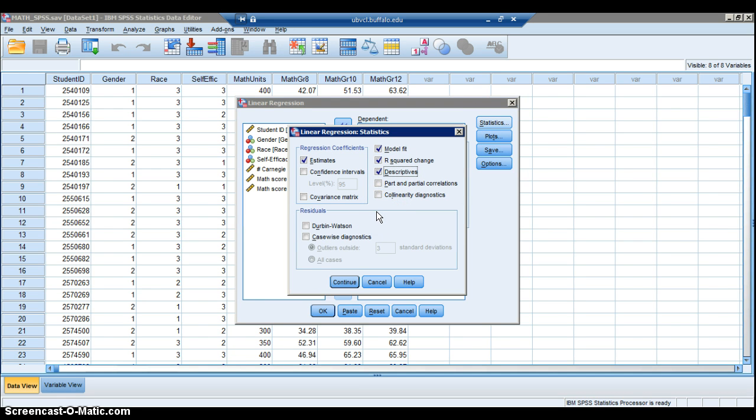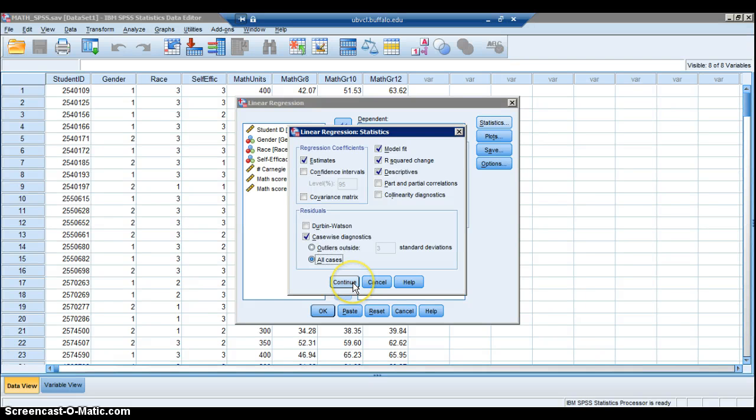And then the last question of the homework asks about residuals. So basically how far the actual data point is from the best fit line. So go down to the residuals option and click case-wise diagnostics, and we're going to want to look at all cases.